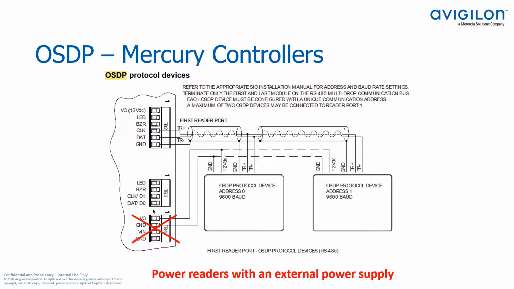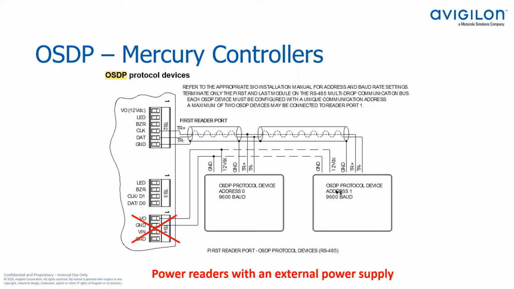The controllers just do not provide enough power to power multiple readers on one port. If you're doing OSDP and wiring one reader per port, then you're okay to grab power from the reader port. In this case, that's my reader port right there. I would go ahead and grab power and ground from that reader port.